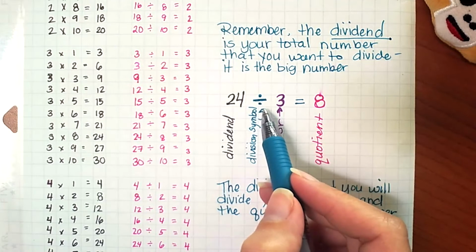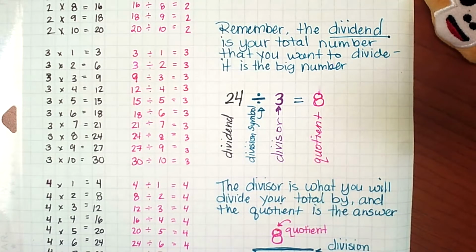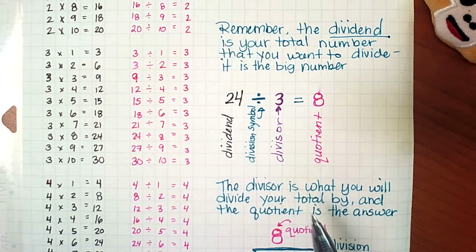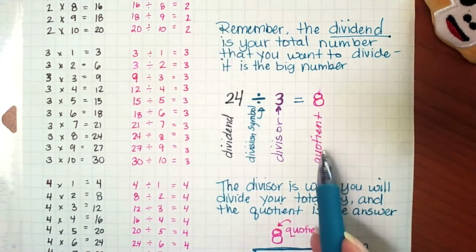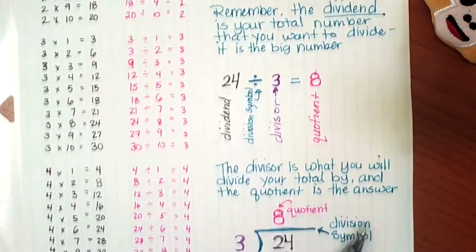Here we have our division symbol. Our divisor, remember, is what you're going to divide your total by. So are you going to divide it into 3s? Are you going to divide it into 5s? Are you going to divide it into 8s? Whatever number you have over there, that's your divisor. And it's going to equal your quotient or your answer.